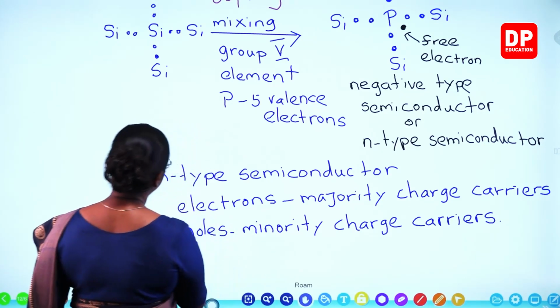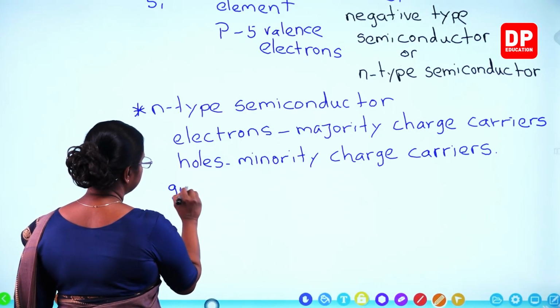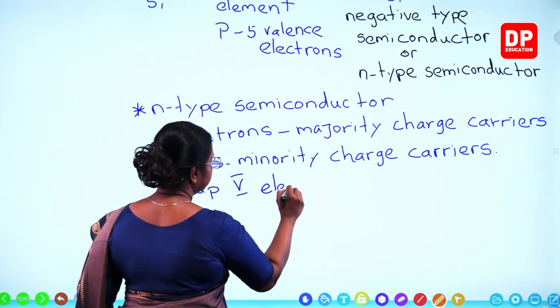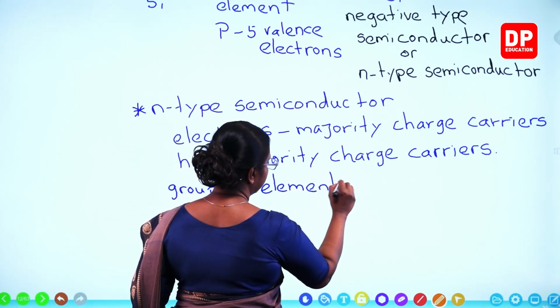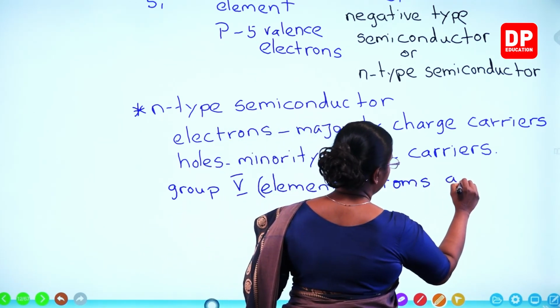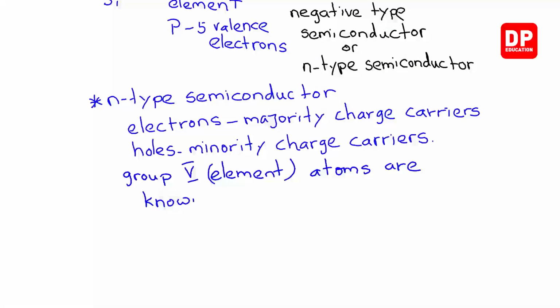So here, the group 5 element or the atoms are known as donor atoms because they donate electrons, additional electrons to the semiconductor.